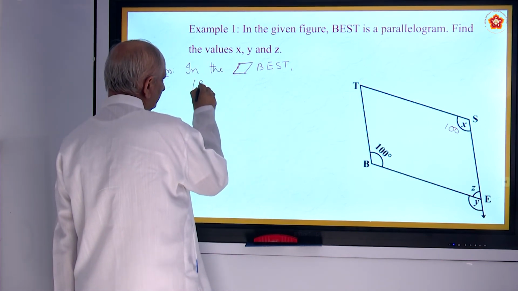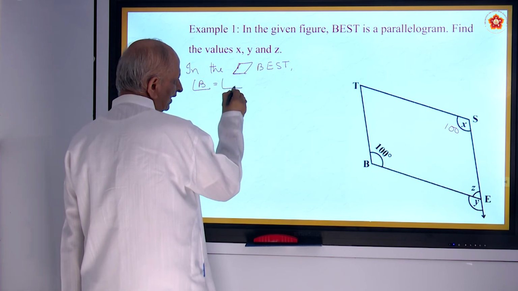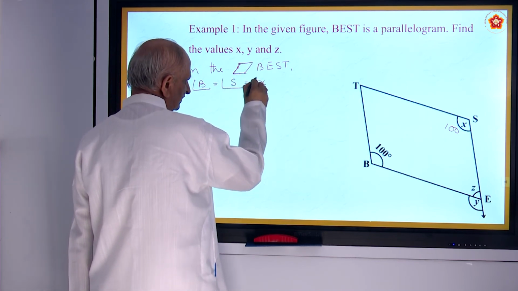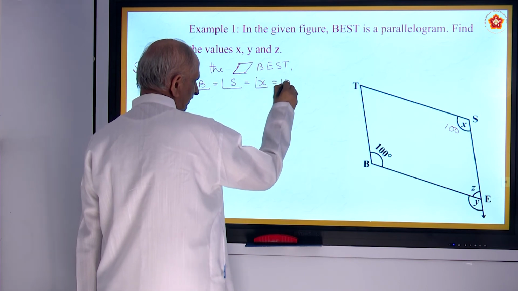BEST, here angle B is given to be 100 degrees. So, angle B is equal to angle S is equal to, we call it x, 100 degrees.